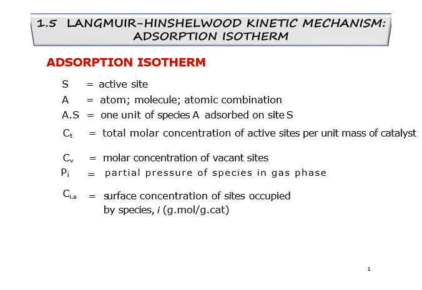The CT here means total molar concentration of active sites per unit mass of catalyst. CV can be defined as molar concentration of vacant sites. P is partial pressure of species in gas phase, whether it's going to be species A, B, C, or maybe carbon monoxide, carbon dioxide.